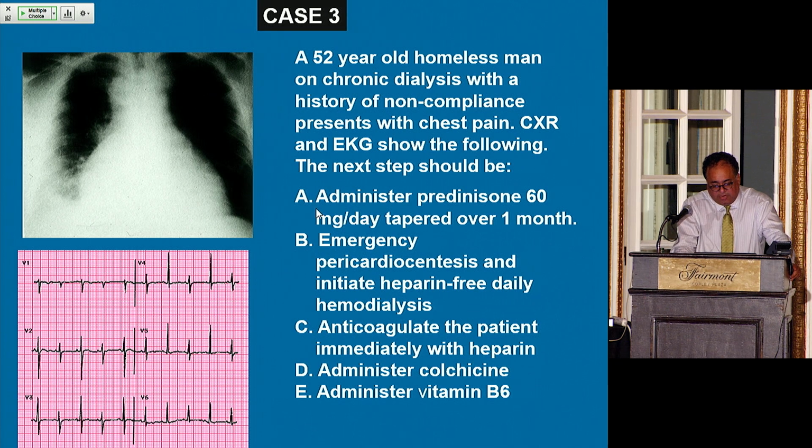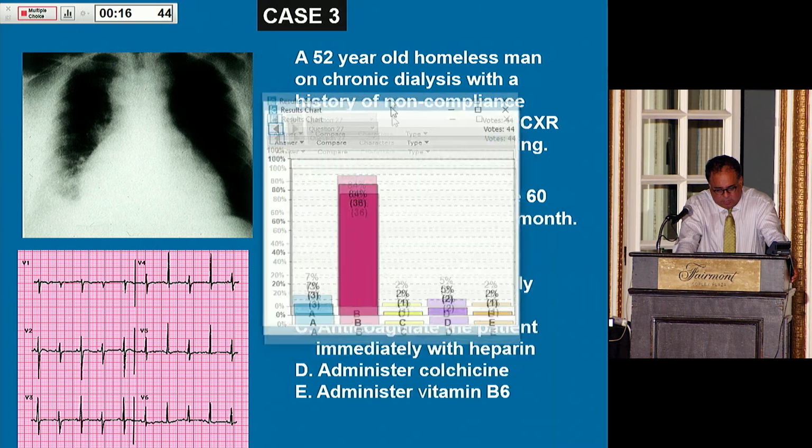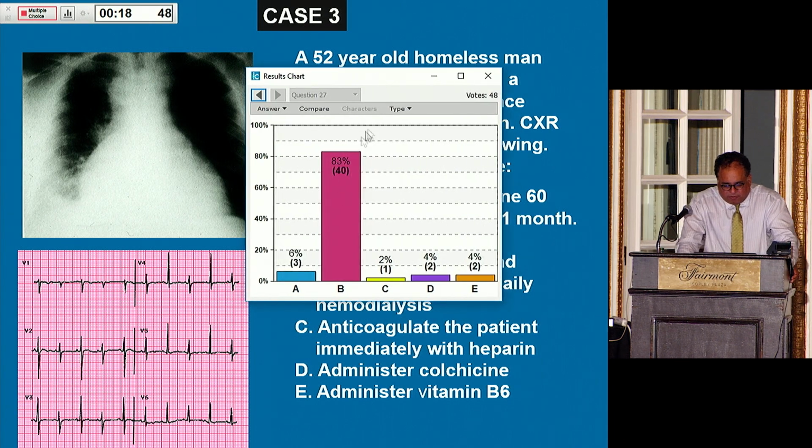The next step would be administer prednisone, emergency pericardiocentesis and heparin-free daily dialysis, anticoagulate the patient immediately with heparin, administer colchicine, or administer vitamin B6. Yeah, most people got the right answer here.